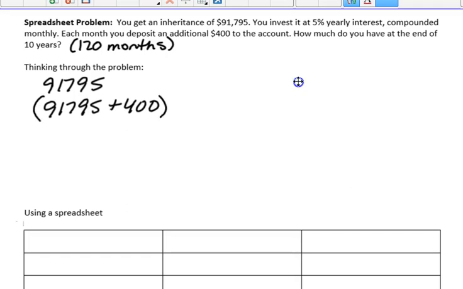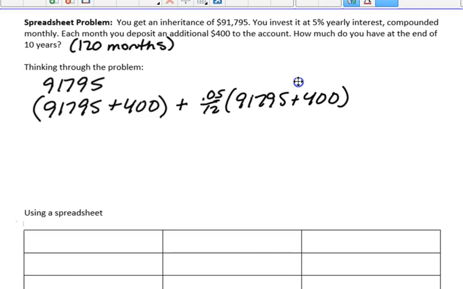Okay, well, how much interest am I going to add? I'm going to add 1/12 of 5%. So I'm going to multiply 1/12 of 5% times this total amount, 91,795 plus 400.